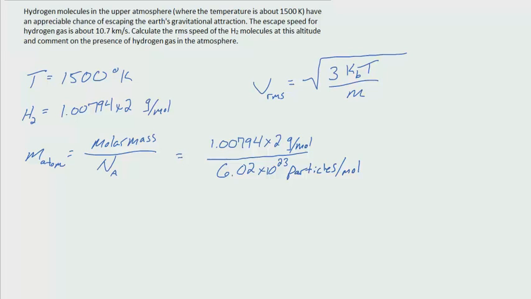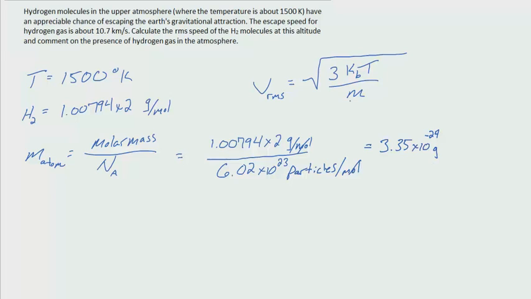When we multiply this out, the moles cancel and we're left with a value in grams, which is 3.35 times 10 to the negative 24th grams.